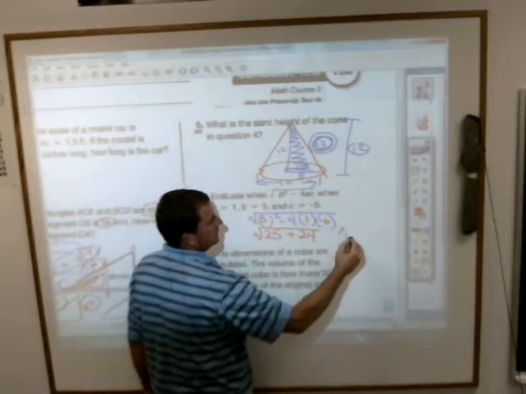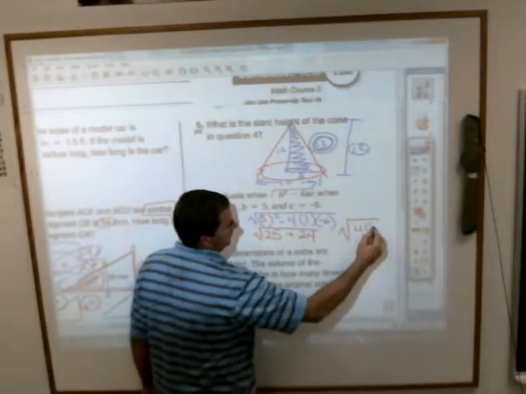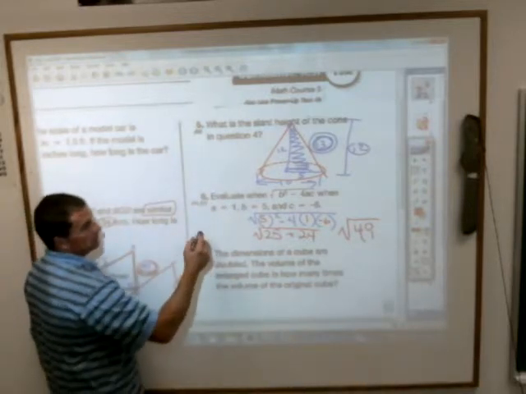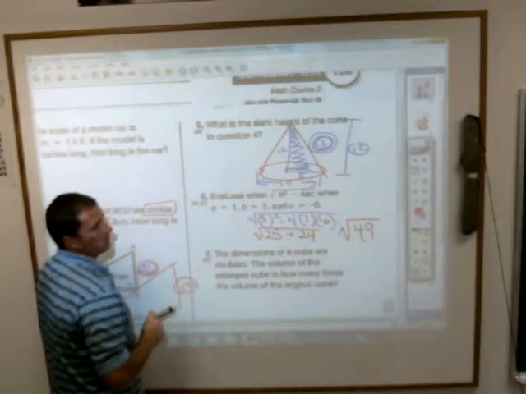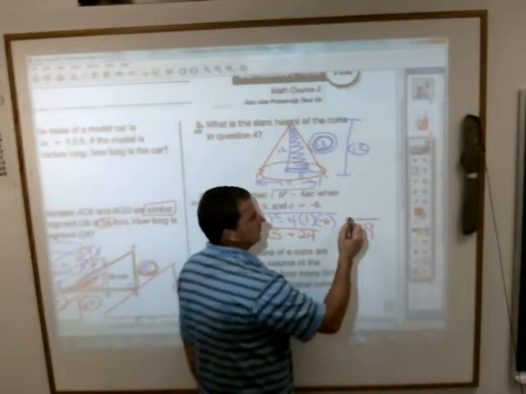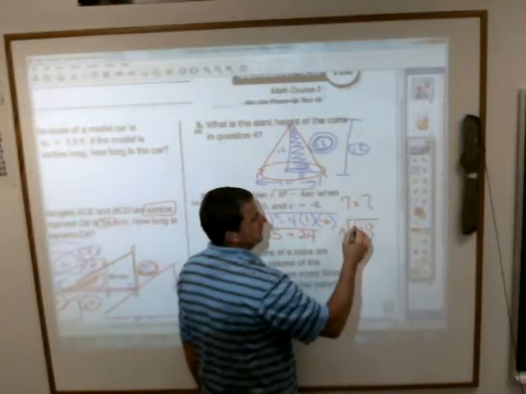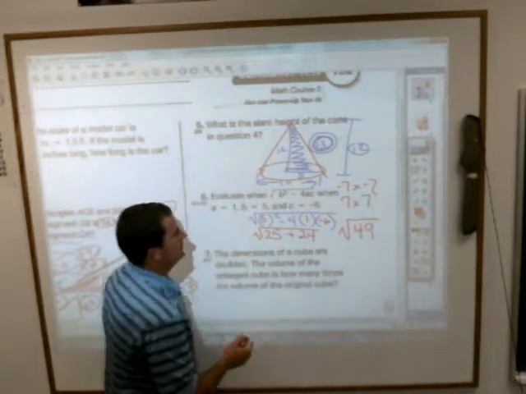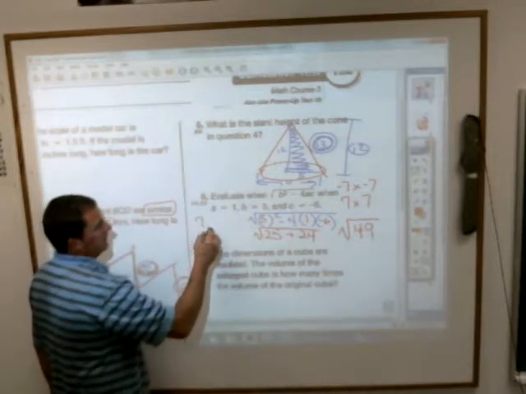So you end up with the square root of 49. And do not forget, if you say something equals the square root of 49, there are 2 different numbers that will give you a positive 49. 7 times 7 gives you 49, as well as negative 7 times negative 7. So you should have 2 answers there, 7 and negative 7.